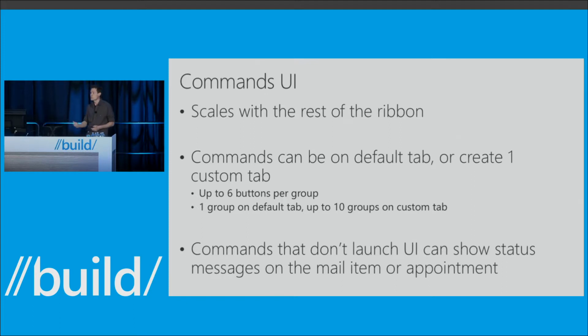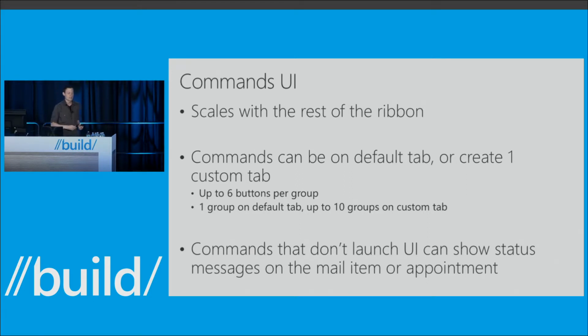In the custom tab, you can have up to 10 groups. Each group can have up to 6 buttons. So in theory, you can have up to 66 buttons. Please don't do that. Please don't create add-ins with 66 buttons. We do have a validation team, so they haven't really been stretched yet, but I would be very interested to know what scenario requires 66 buttons, or even 64.